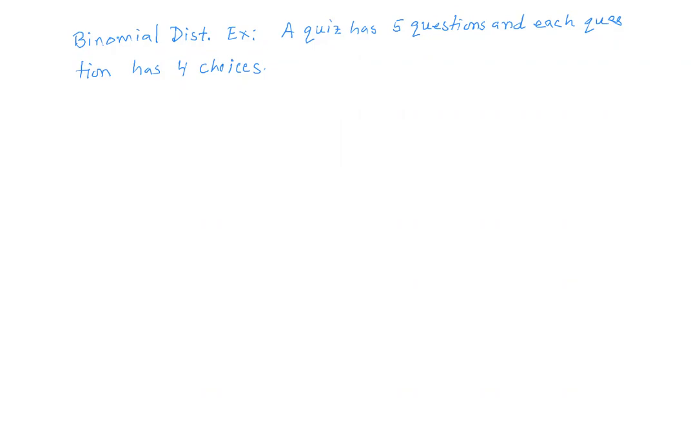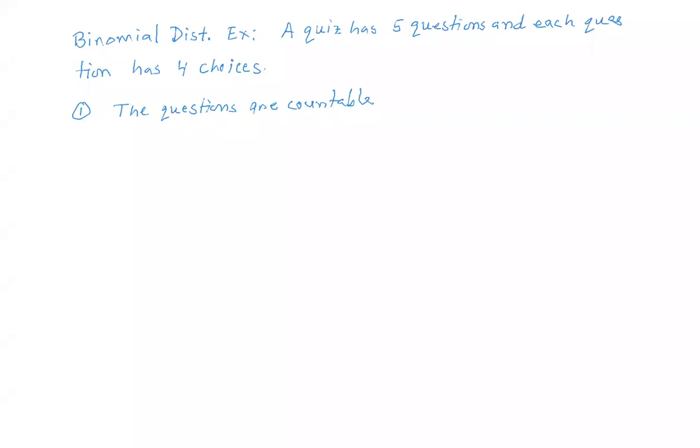So you have 5 questions. Let's start off with number 1. The questions are countable, right? You can count them: 0, 1, 2, 3, 4, or 5 questions. So it's countable.